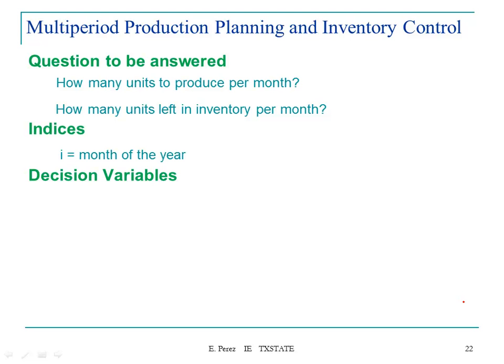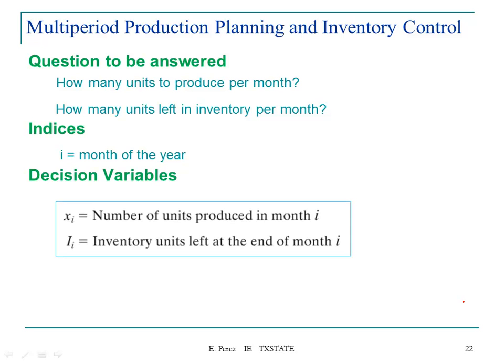So we're going to use an index for the month of the year, and we're going to have two decision variables: the number of units to be produced in a month, and the inventory units left at the end of the month. So you can see how the questions to be answered are related to the actual decision variables.